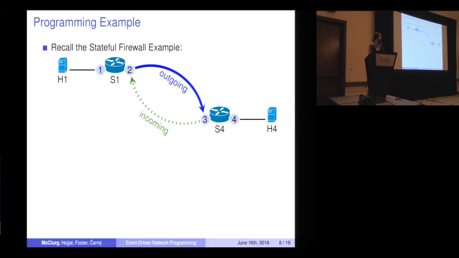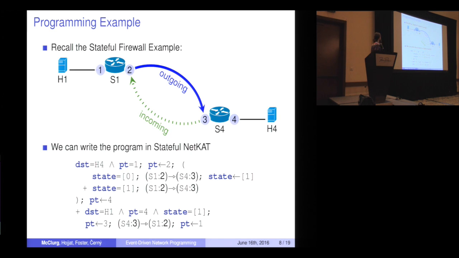So let's understand how this works by trying to program this stateful firewall in stateful netcat. The first part corresponds to the outgoing traffic. So basically an if statement that says if destination equals h4, so that's outgoing traffic, and port equals 1, then assign port equals 2, do some stuff in parentheses, port equals 4.